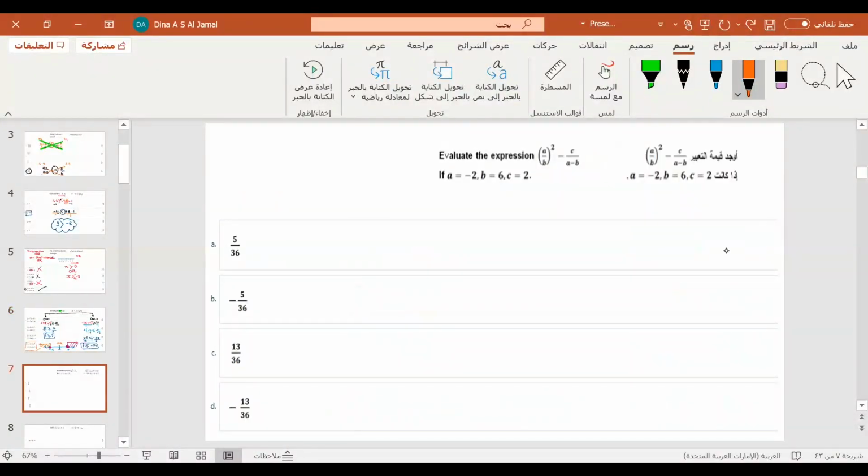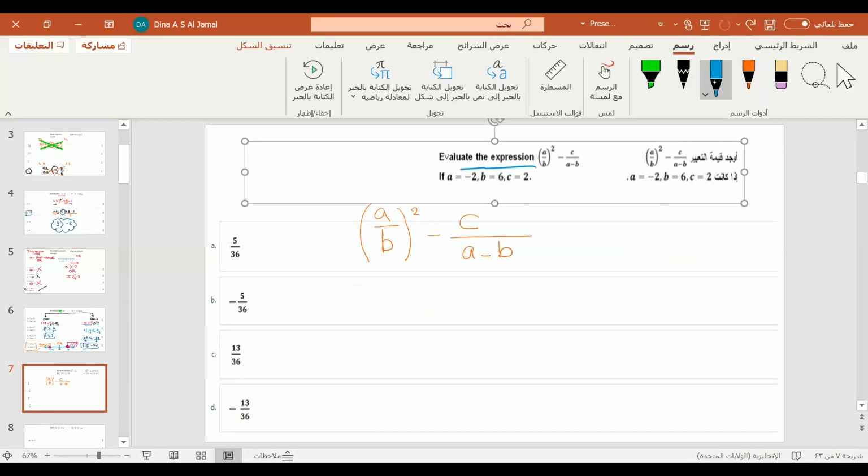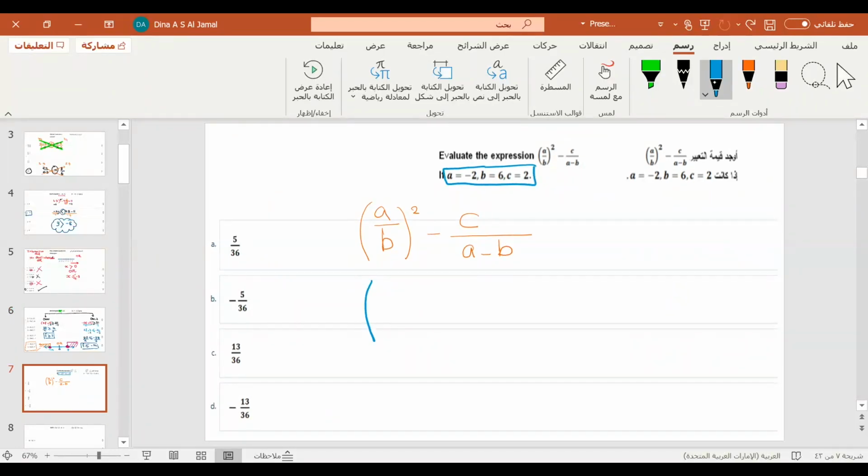Now, he would like you to evaluate the expression, and he gave you already some of these values. So, let's write it first. A over B, all squared, minus C, all over A minus B. So this is your expression, and he gave you A, B, and C. So what's your A?